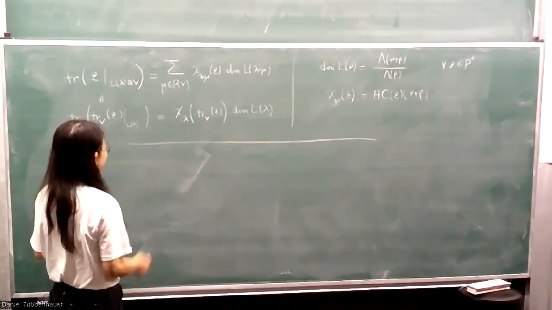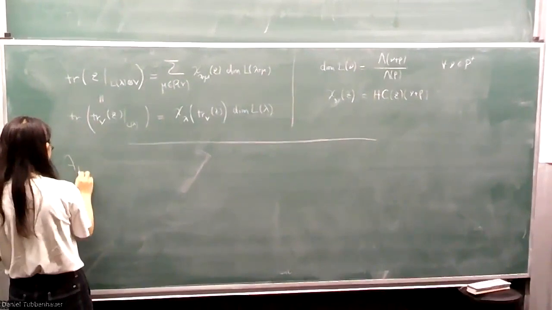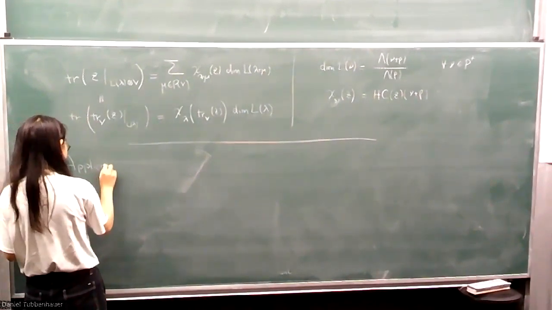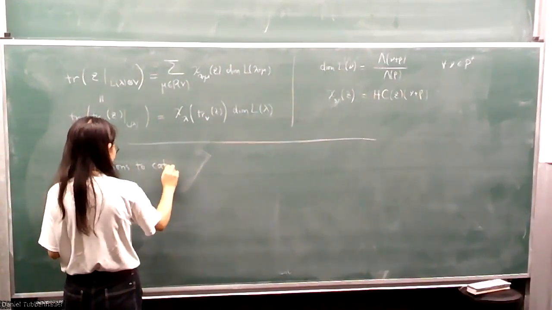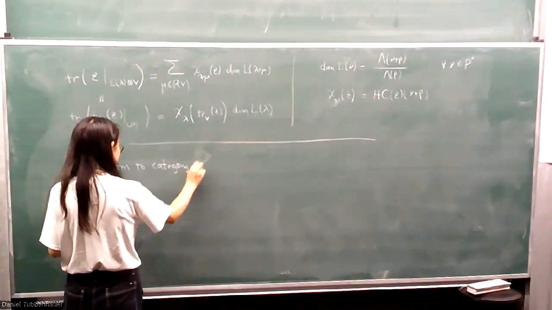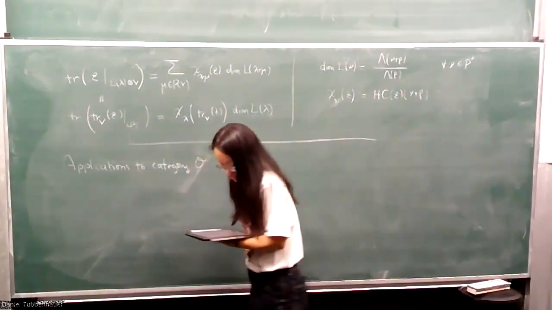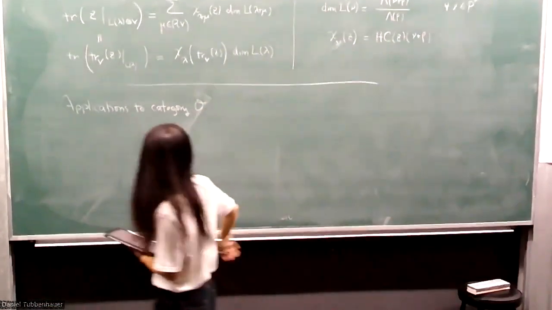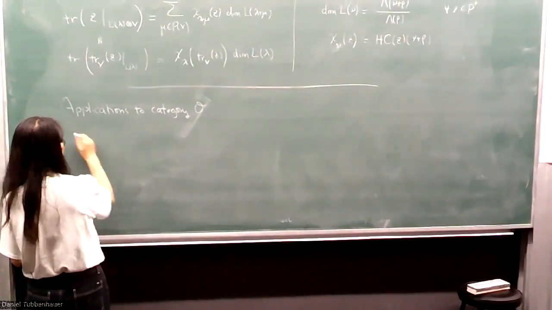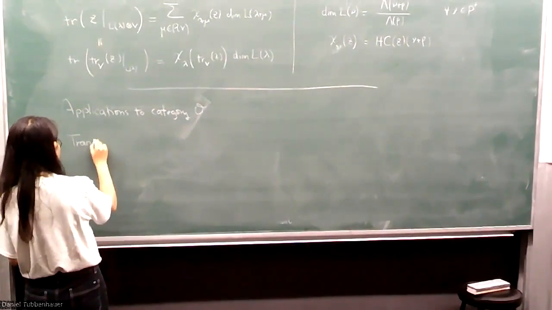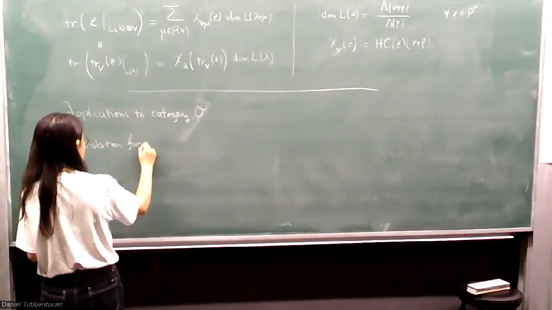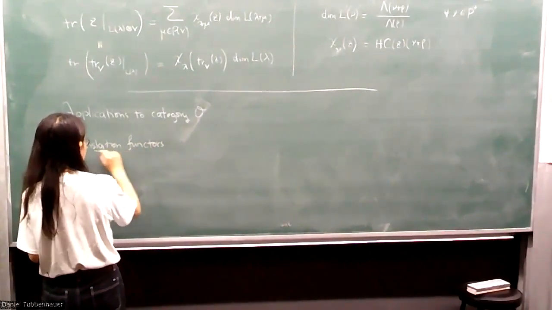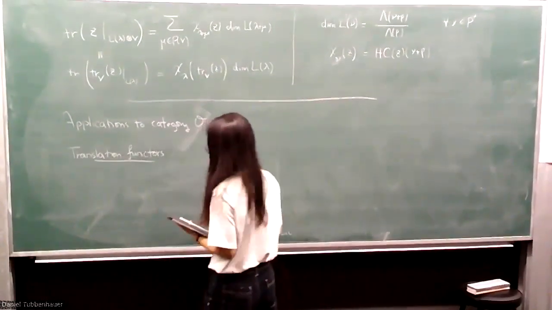Alright, so let's go to the categorical side. What we're going to do is, on the category O, there are plenty of important functors, which are the translation functors.